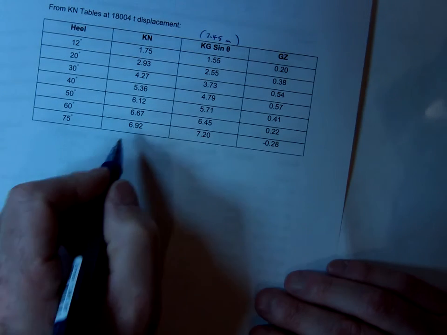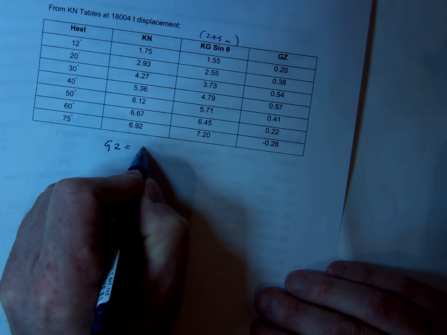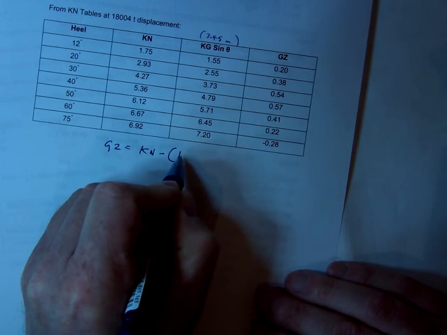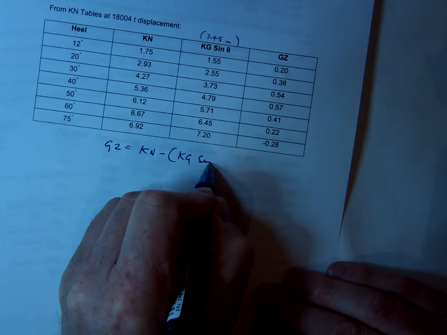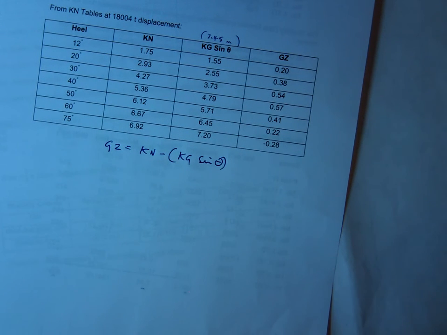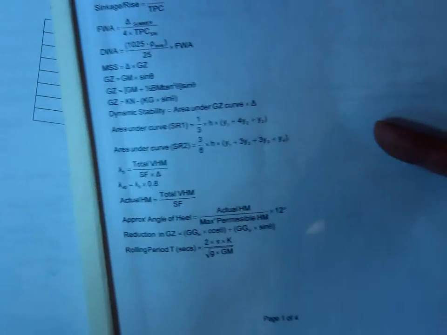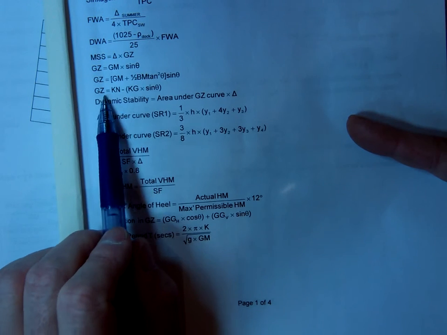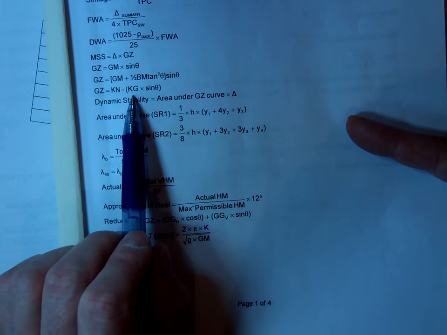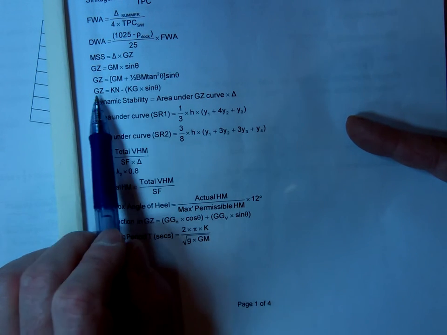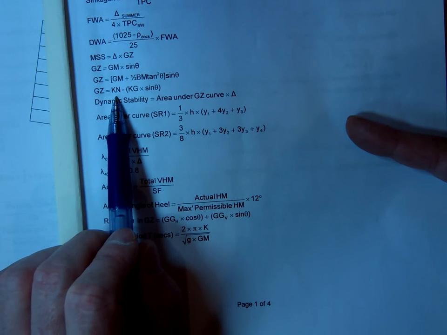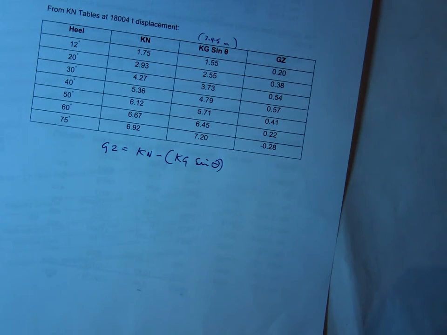And we know that GZ equals KN minus KG sine theta. And if we were to look at our stability formula booklet, it tells us there that GZ equals KN minus KG sine theta, and that's the only time you use this GZ formula, when we're going to draw up a GZ curve.